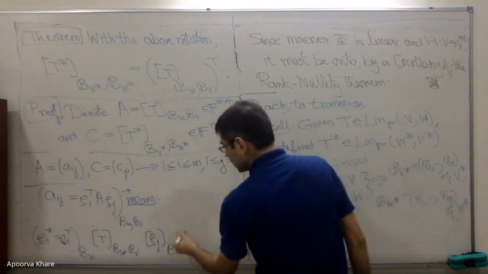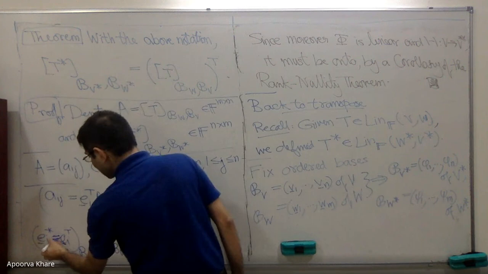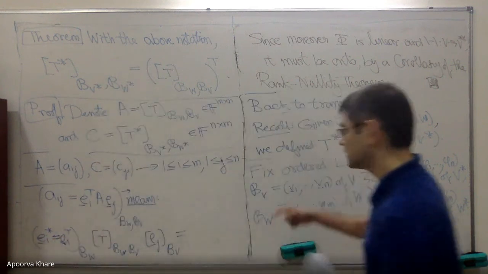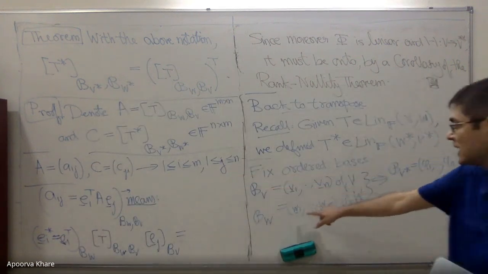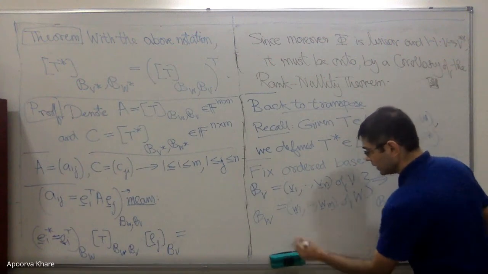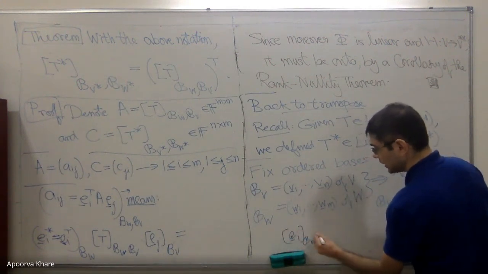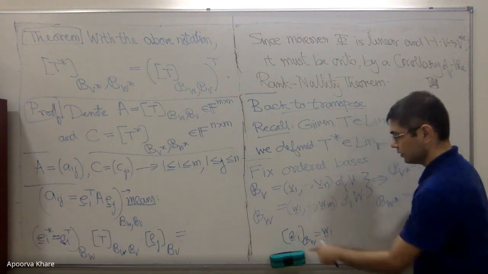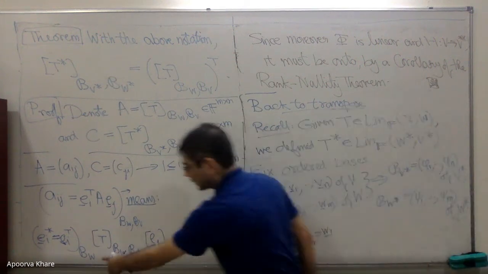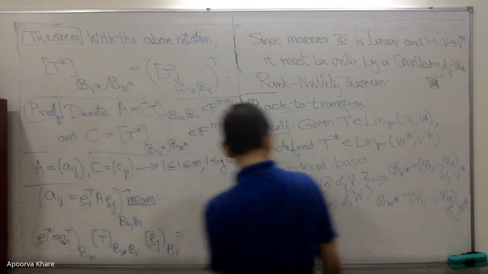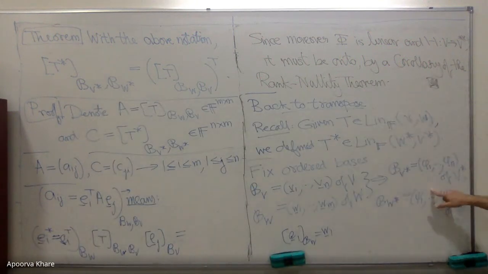Now, what is this? The Ei transpose equals Ei star. Well, what is the dual basis to Ei? Well, what was Ei? Ei is Wi. So Ei here, with respect to the basis BW, is precisely Wi. So with respect to BW, what is the dual basis to Wi? It is precisely psi i.